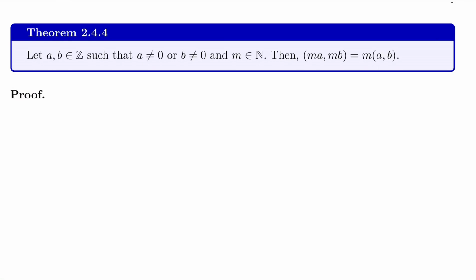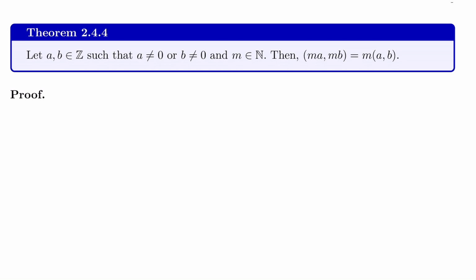Today we are going to prove Theorem 2.4.4, which states: let a and b be integers such that a is not 0 or b is not 0, and m is a positive integer. Then the greatest common divisor of ma and mb is m times the greatest common divisor of a and b.